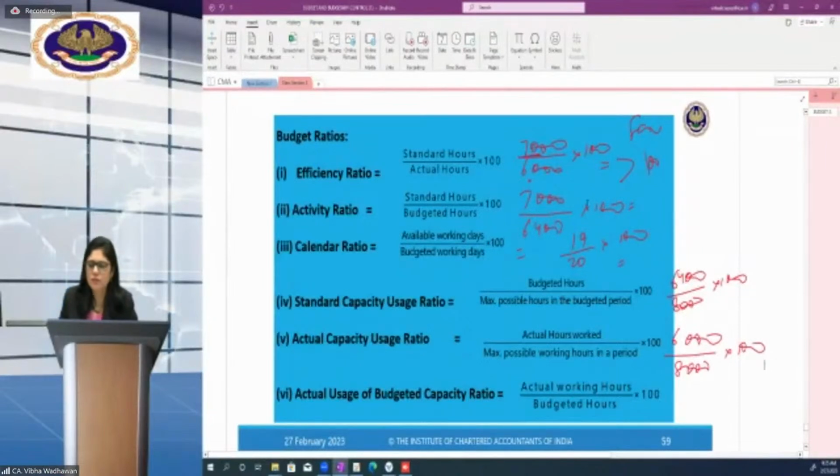Hope you are doing it as well. Be ready with the ratios. Actual working hours, again, 6,000 divided by budgeted hours, 6,400, into 100. I've placed all the figures. You can just calculate the ratios. Can I have the efficiency ratio, please?